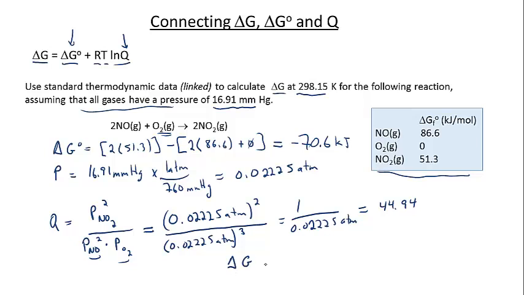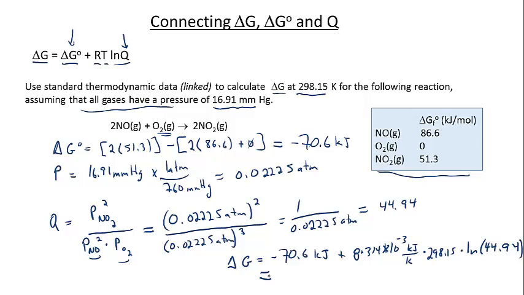So delta G is going to equal delta G0, minus 70.6 kilojoules, plus R, 8.314 times 10 to the minus 3 kilojoules per Kelvin mole, times the temperature, 298.15, times the natural log of Q, which is 44.94.